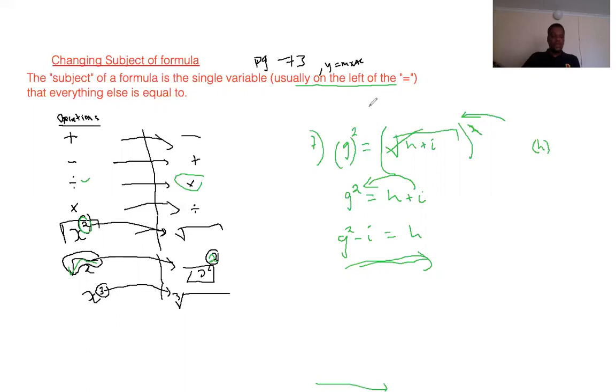So that is how you do these changing the subject of the formula questions. I was leaving out a lot of exercises: starting from exercise 22 on page 73 to exercise 32 on page 76.